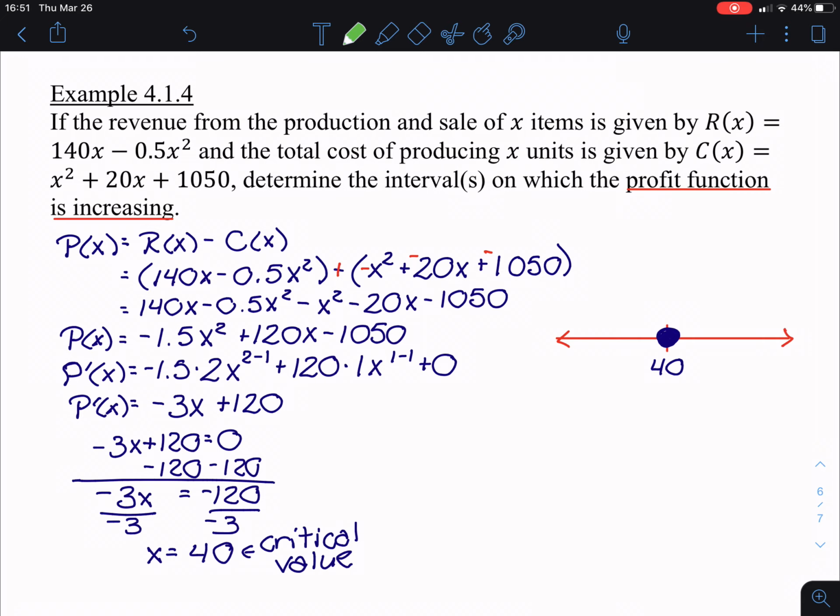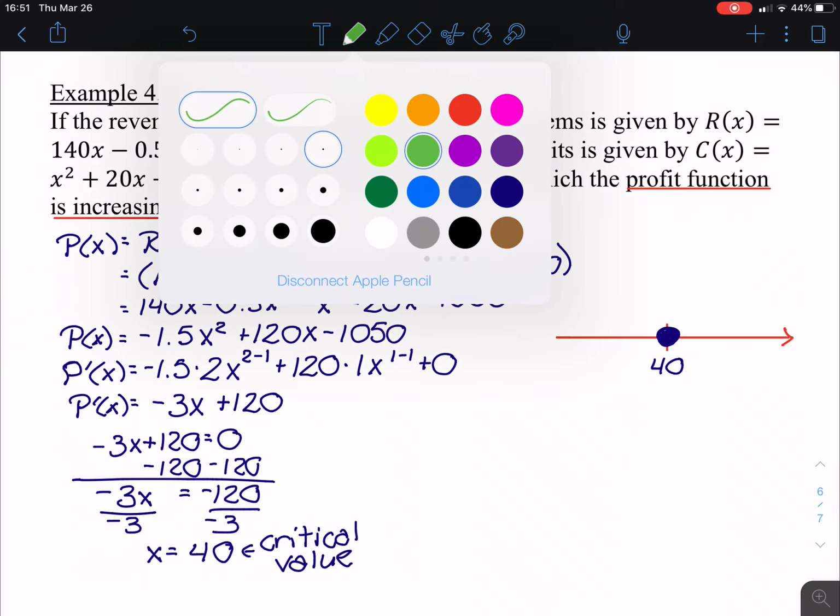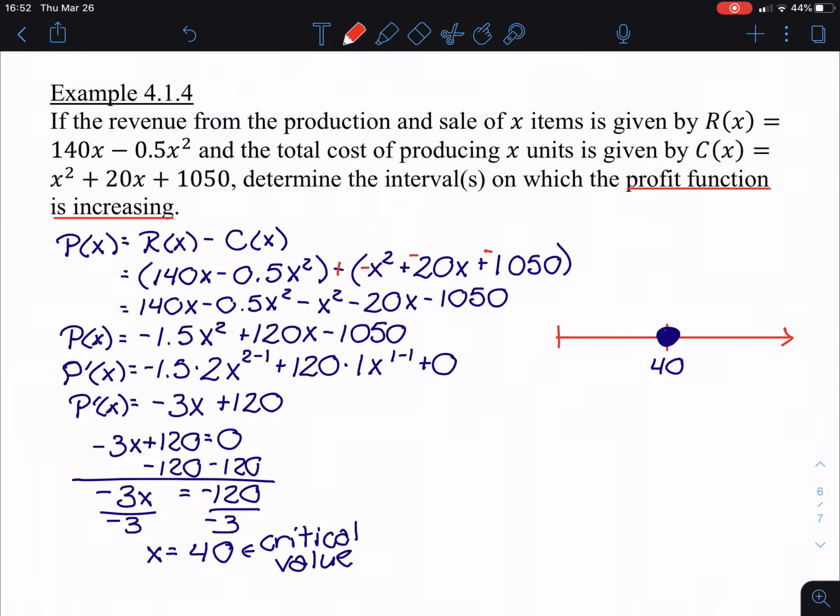So I can't sell a negative number of items, right? So my function, instead of being the entire number line, ends right here at 0. But then the number of items can increase beyond there. So I'm going to pick a number between 0 and 40 for my first interval, and I'll pick 1. And for 40 and above, I'm going to pick 50 as something relatively easy to calculate.